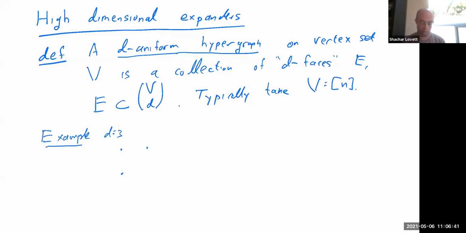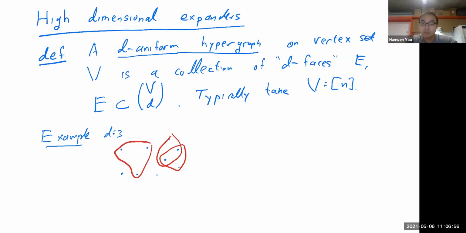So I have a bunch of points, and let's say my 3-faces are going to be collections of 3 points. Maybe this is one, another one, maybe another one. So this is a simple generalization of graphs. Undirected graphs are sets of size 2, and D-uniform hypergraphs are sets of size D. So there should not be any complication here.